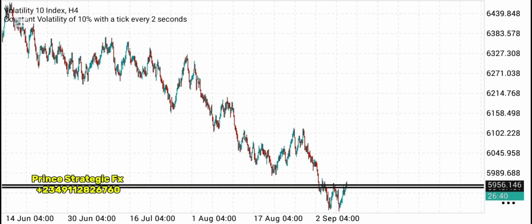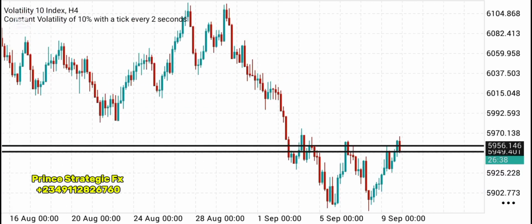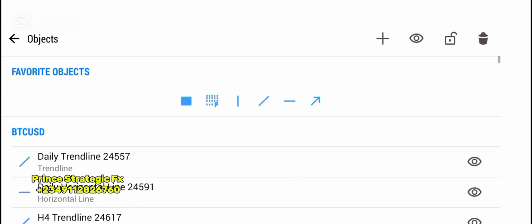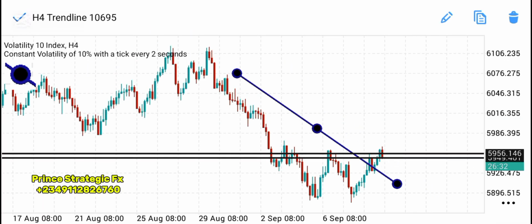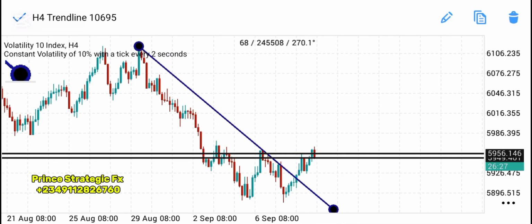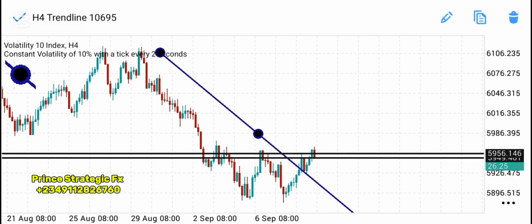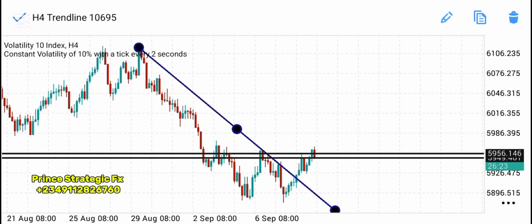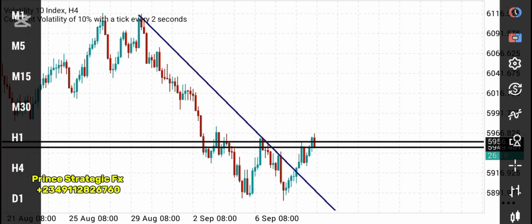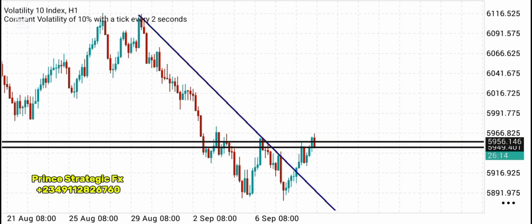On H4, I'm going to zoom in and look exactly at what price has done. So I think I can spot a downtrend from here down to this point, right? Now, not just that, it's also giving us a breakout. So very simple. We'll move to H1.